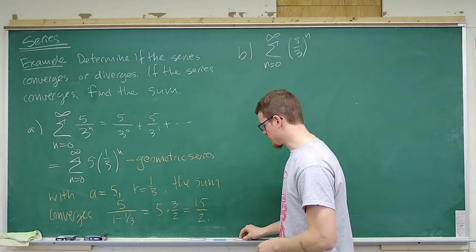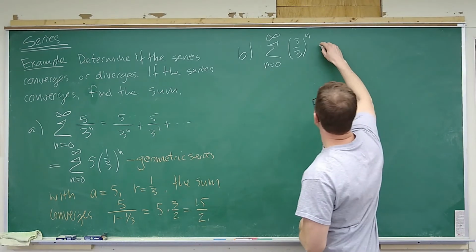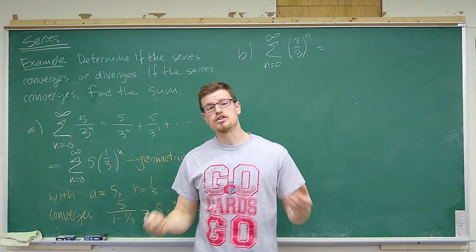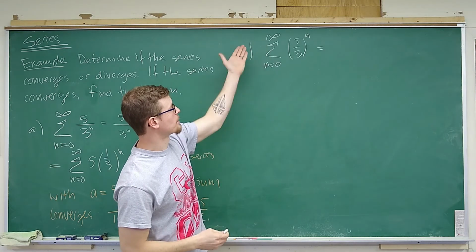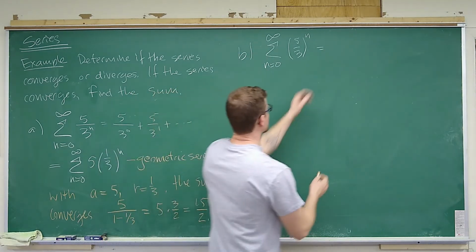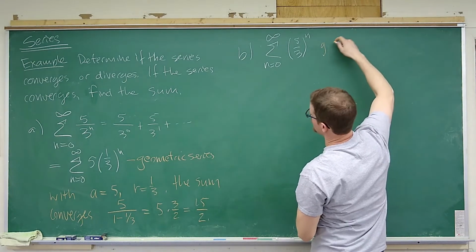Excellent. So that's the first example. For the second example, we want to recognize that again, we actually have a geometric series. And in this case, we don't have to do any manipulations to observe it as that. Our A value is given right away, as well as our ratio, or our rate of growth.